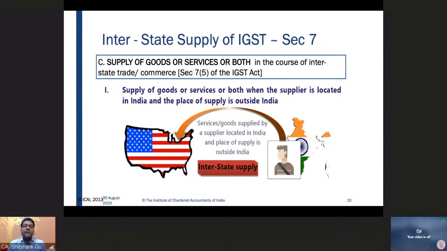How that will happen, we will discuss as our course progresses. For now, the basic thing you have to understand is that even exports are covered under the levy of IGST.